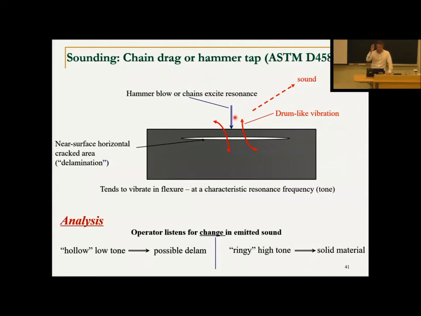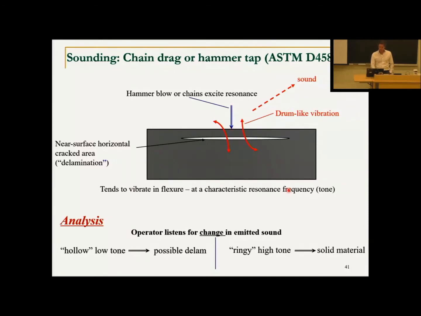because you've excited it and it pushes air, we hear it. It tends to vibrate in flexure, and it vibrates at some characteristic tone, just like a drum has a characteristic tone depending on the size and the tension of that membrane. The size and the thickness and the material of this kind of membrane will also change its tone. So when we are tapping here, we hear a certain kind of tone, but then when we tap here, we hear a change in the tone. The pitch has changed, the frequency has changed.